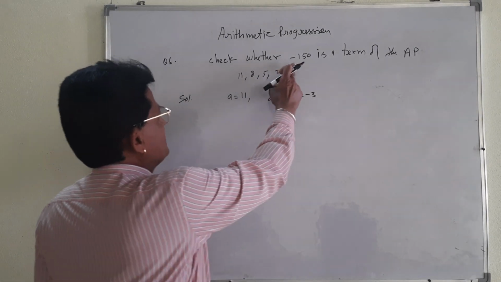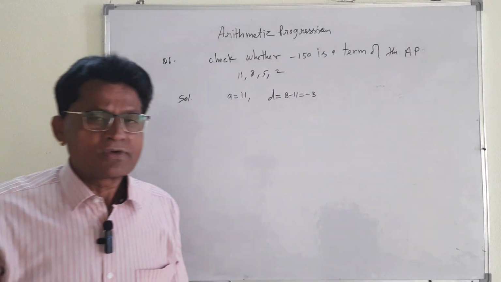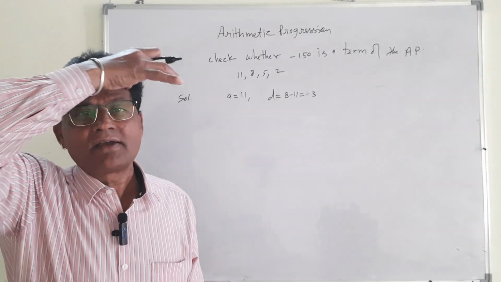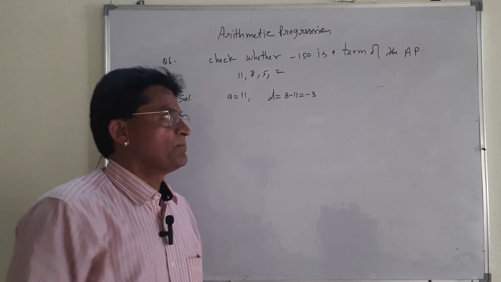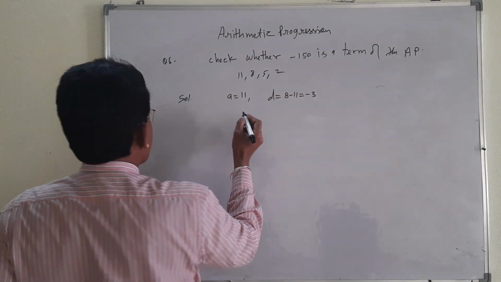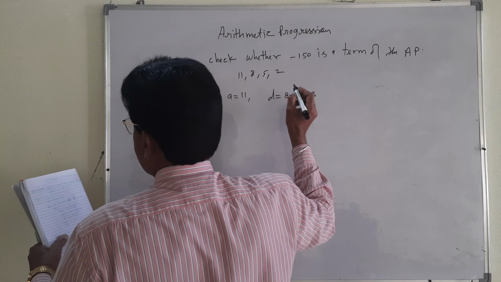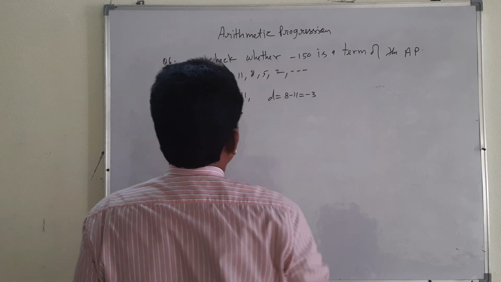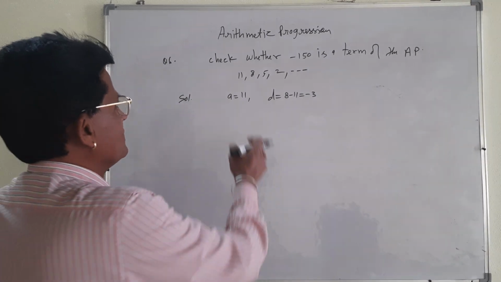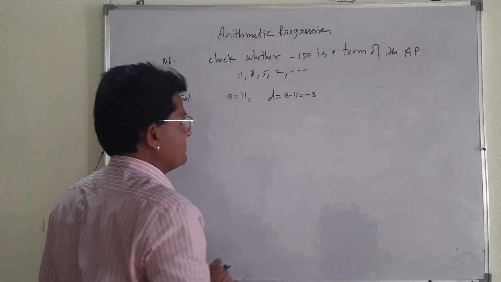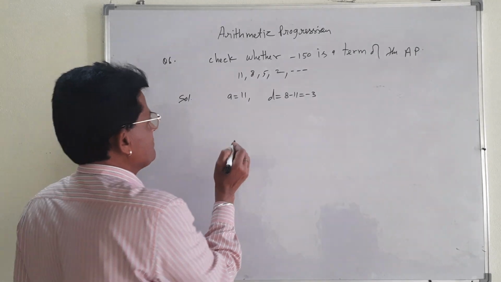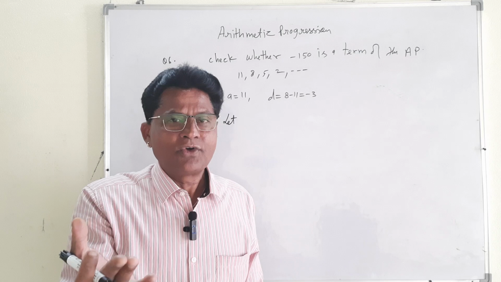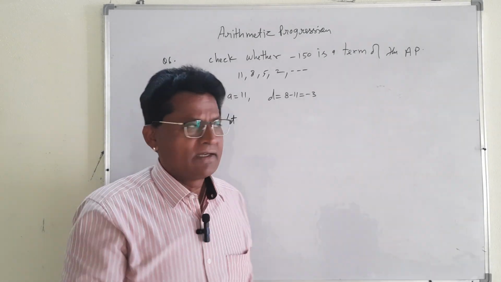Here it is given, check whether it is a term of the AP or not. Then what will you say about minus 150? Let it be the nth term of this progression. Because the value which we don't know, in mathematics we assume.